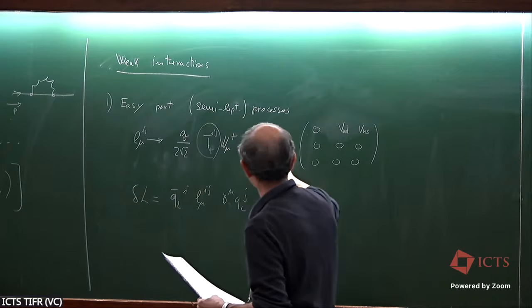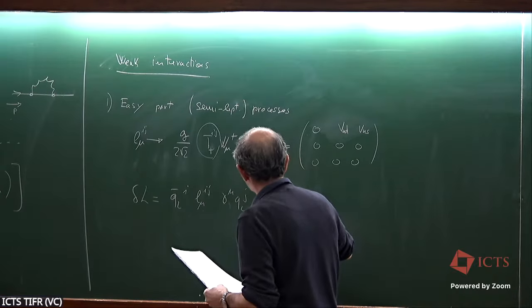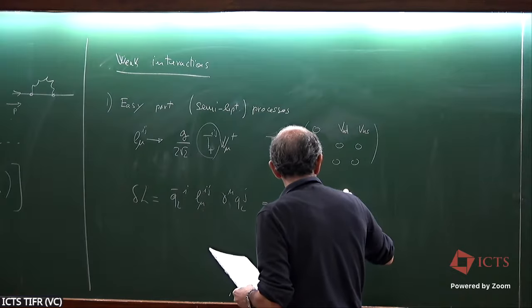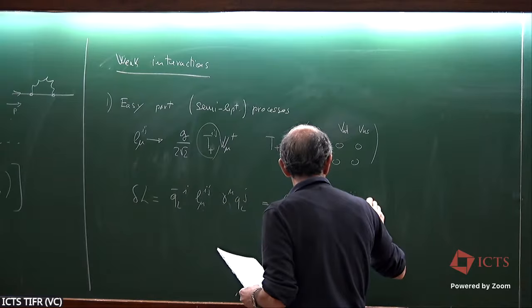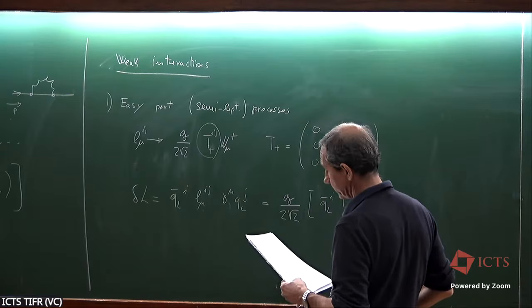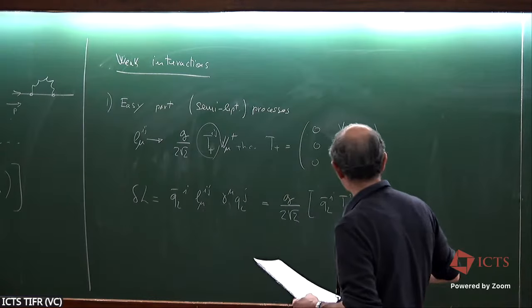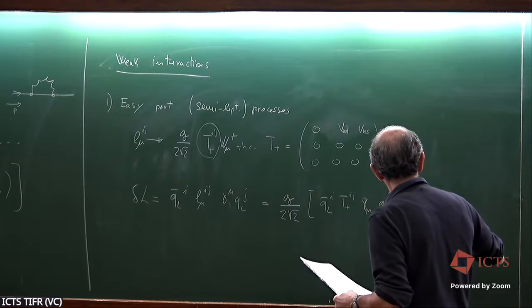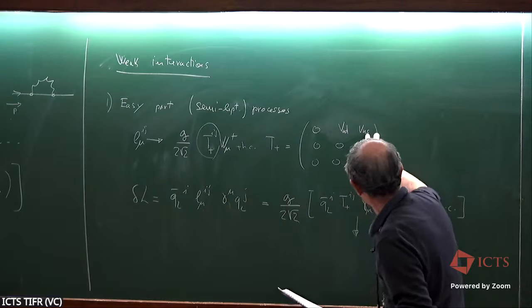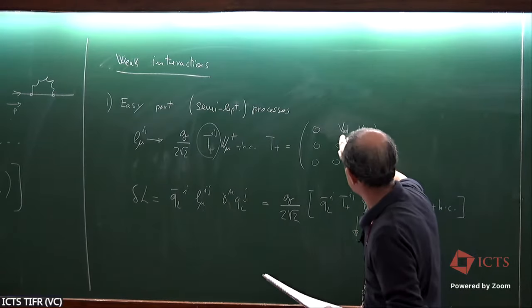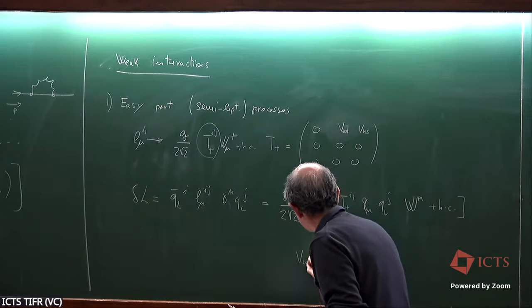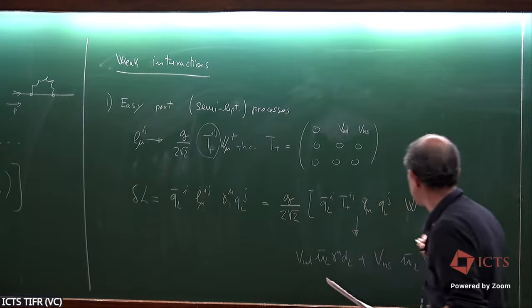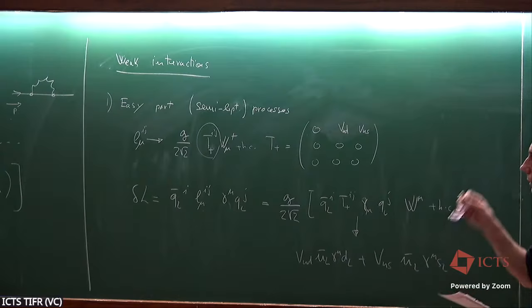And then when I put this term here, what I get is g over 2 square root of 2, Q bar left I, T plus I J, gamma mu, Q left J, plus Hermitian conjugate, W. And when I plug this in, I have Q bar Q. So what I get is U bar left, V_ud, gamma mu, D left, plus V_us, U bar left, gamma mu, S, which is exactly how the W couples to quarks. So this is simple.